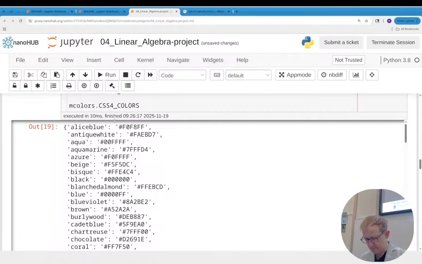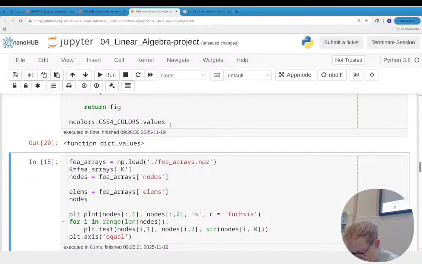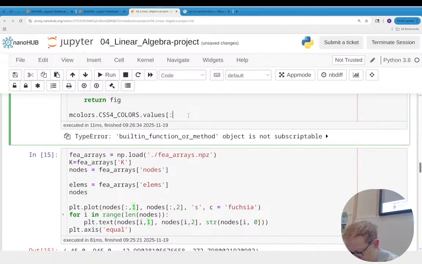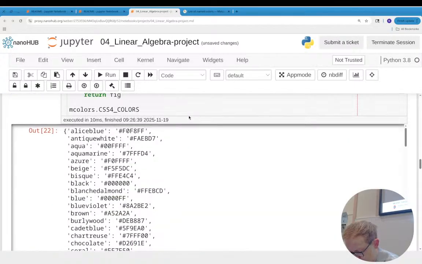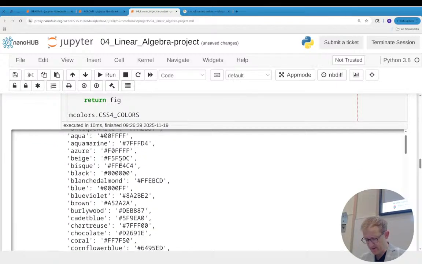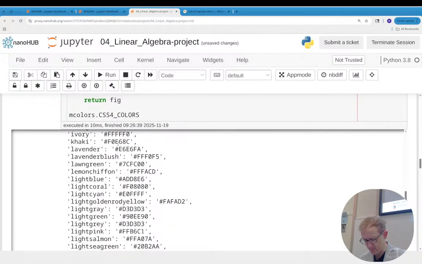Cool. So creating M colors creates a dictionary of all the different colors from CSS4.